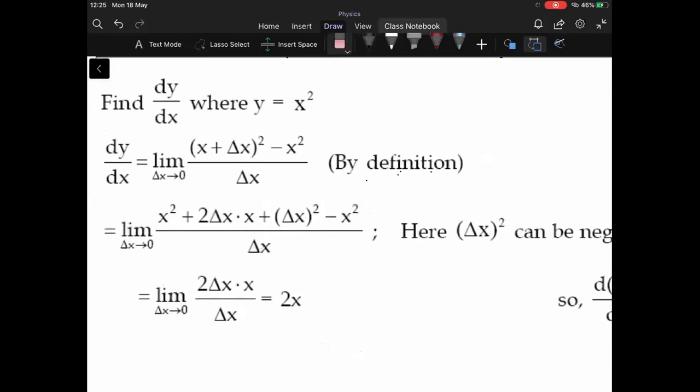So that means the slope of the curve is a function of the value of x. So dy by dx can be written as 2x. Okay.